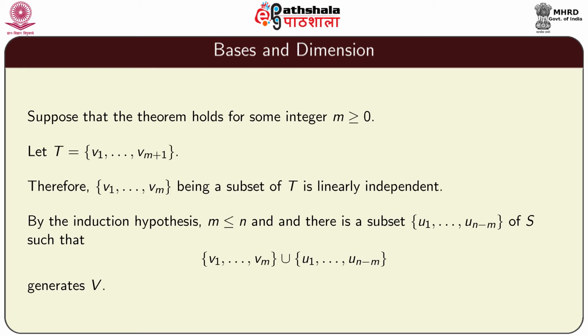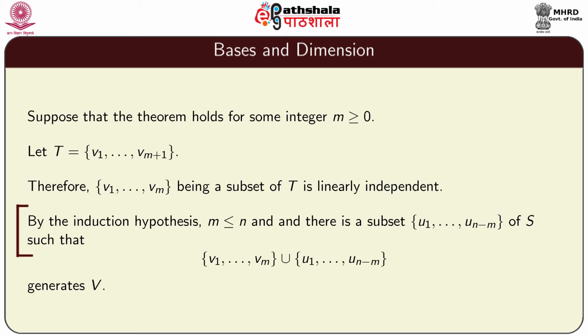Take v1, v2, up to vm, which is a subset of T. Since T is linearly independent, the set containing v1, v2, up to vm is also linearly independent. And this set has only m vectors.